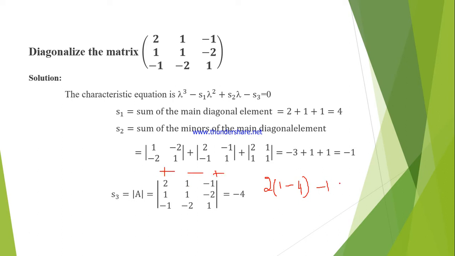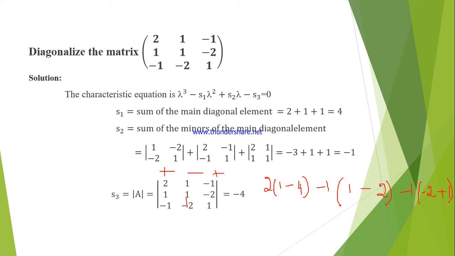Minus 1 into, remove the column and row, 1 into 1 minus 1 into 1, 1 into 1 minus 1 into minus 2 into 2. Plus minus 1 into, remove the column and row, 1 into minus 2 minus 2, minus 1 into plus 1.